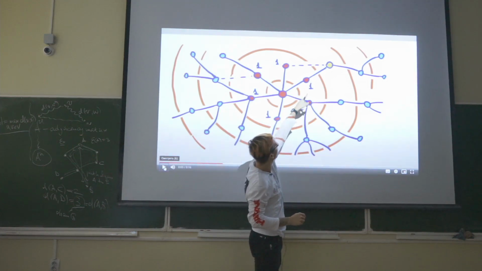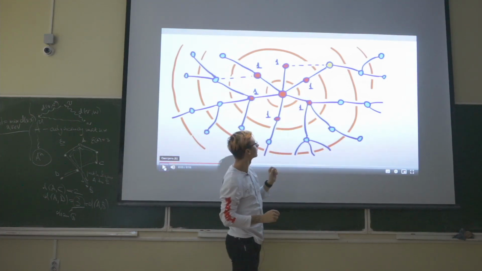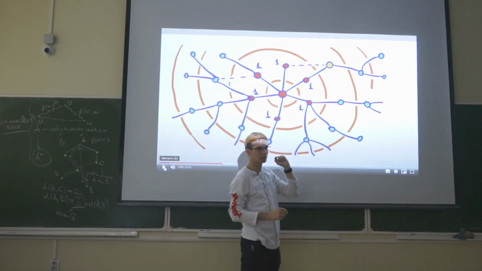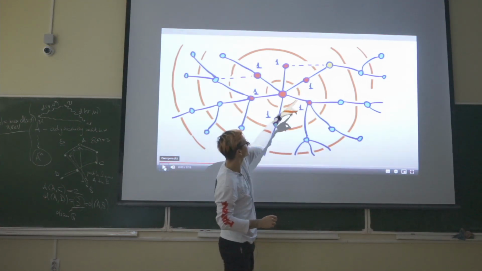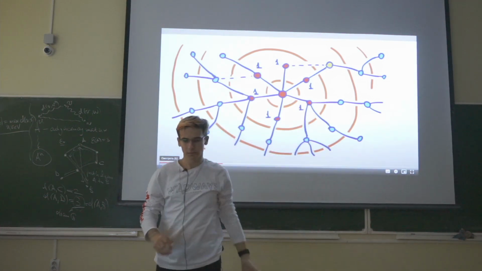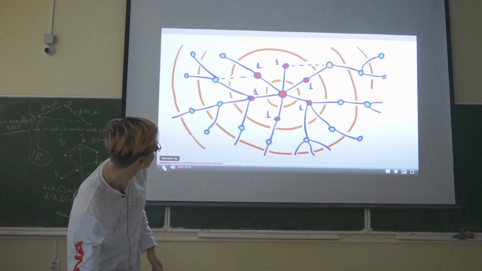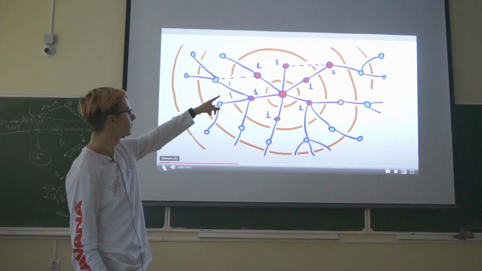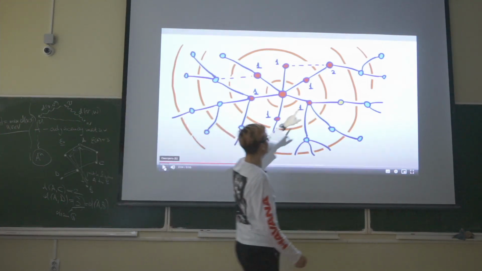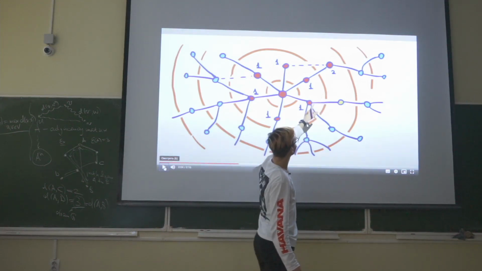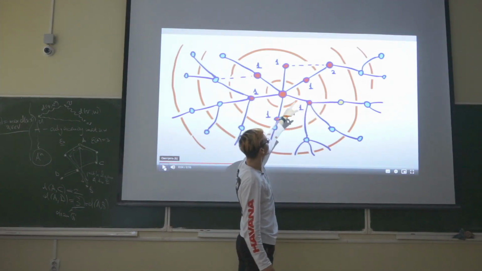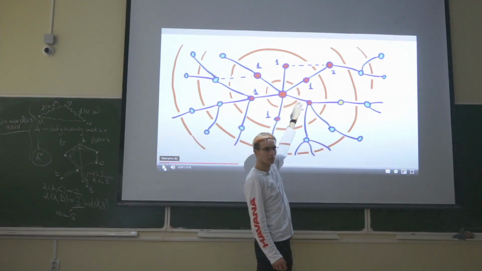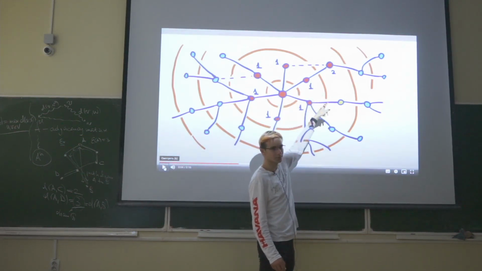Then we see only one vertex is adjacent to this vertex, yeah? So we color it yellow and say that the distance of this vertex is one more than the distance from this vertex to the center, yeah? And it is equal to 2, okay?